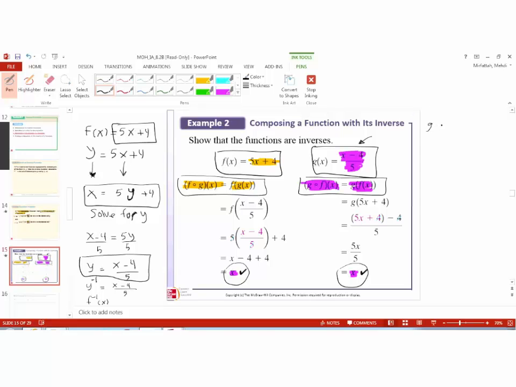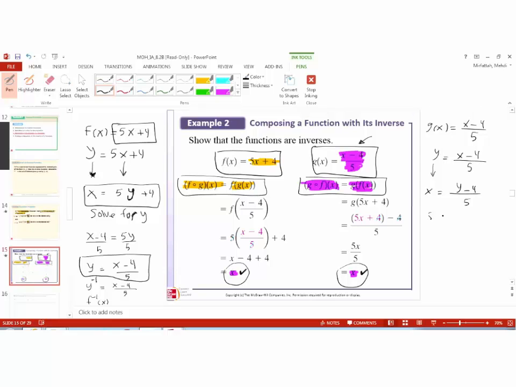So if I look at the g function, g of x is equal to x minus 4 over 5. So I call it y equals x minus 4 over 5. If I want to find the inverse of g, or the inverse of y, we do the same thing again. We replace x with y, y with x. That's step number one.